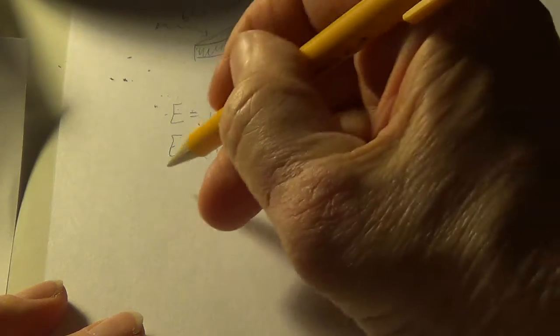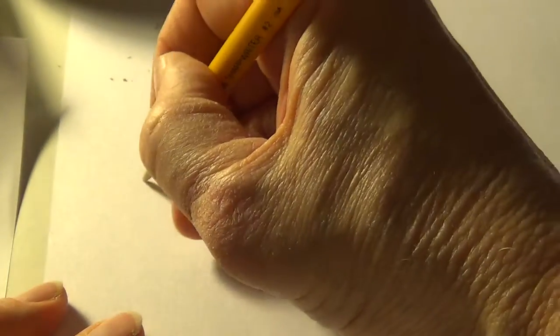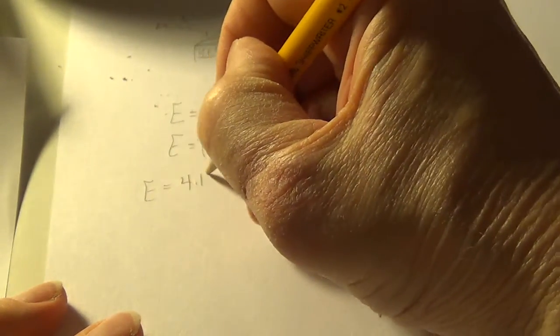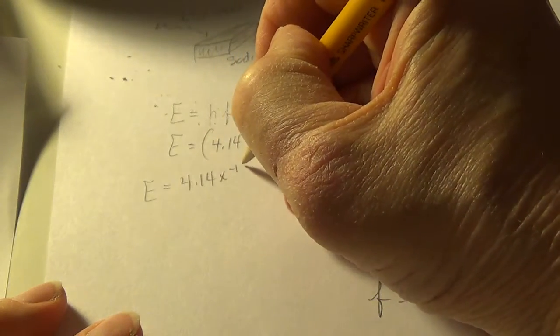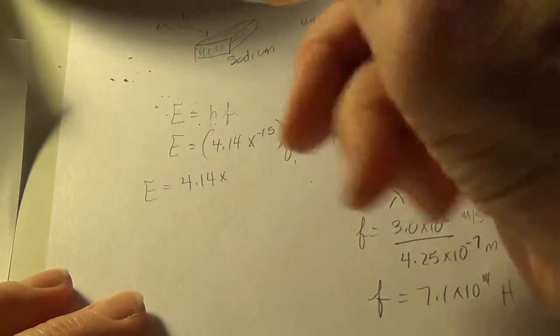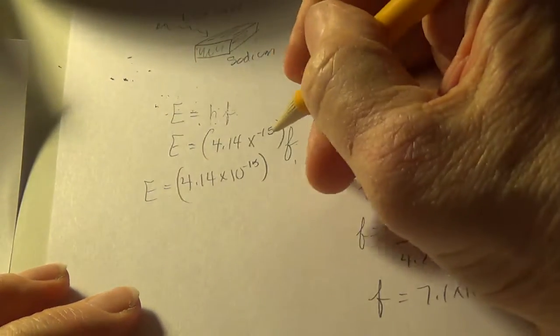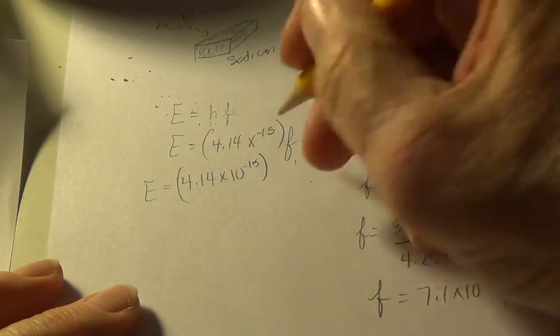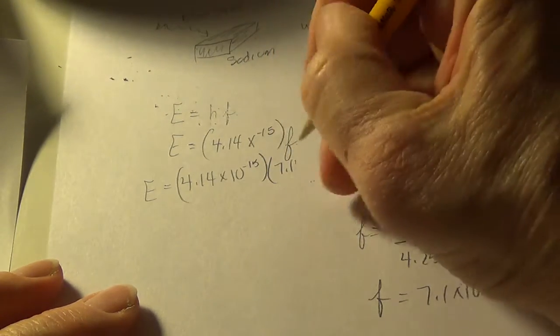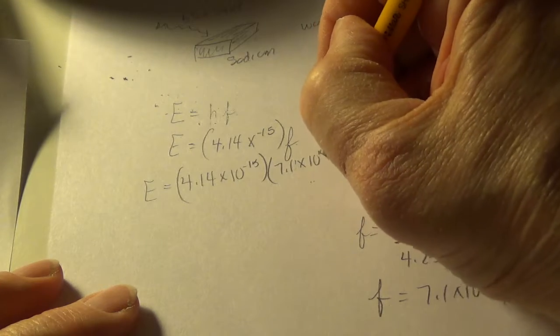So coming back up here, we have E equals 4.14 times 10 to the minus 15, I forgot the 10 in the top part here, times the frequency, 7.1 times 10 to the 14th.